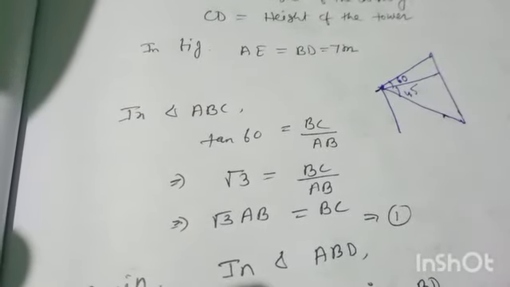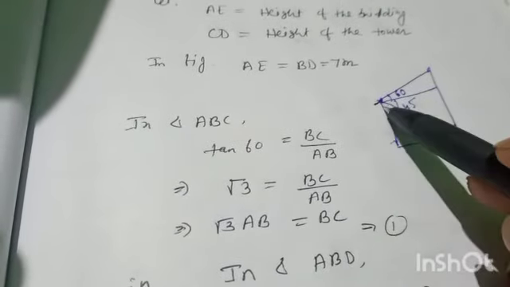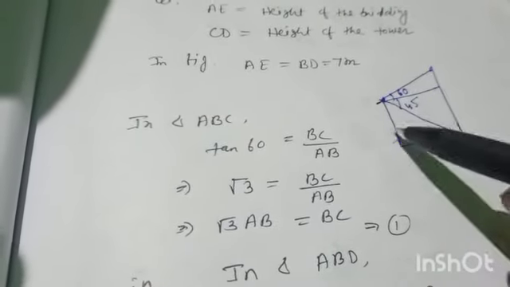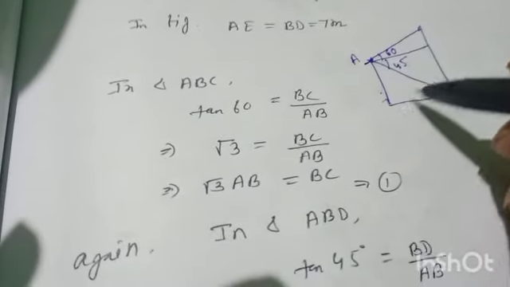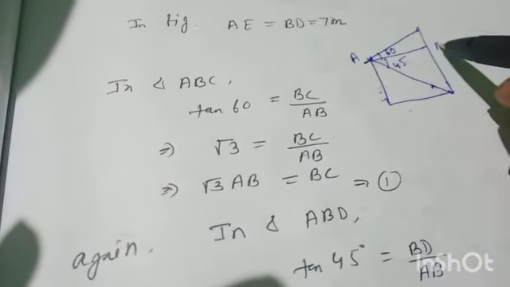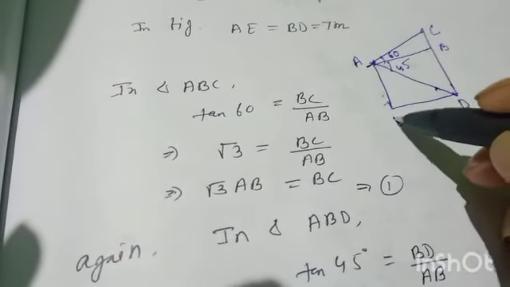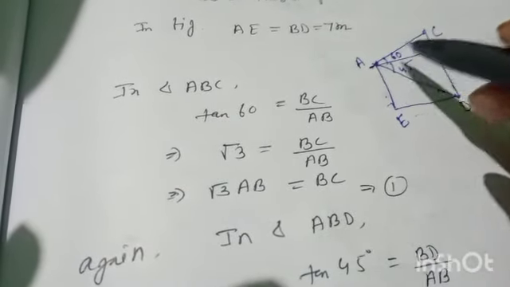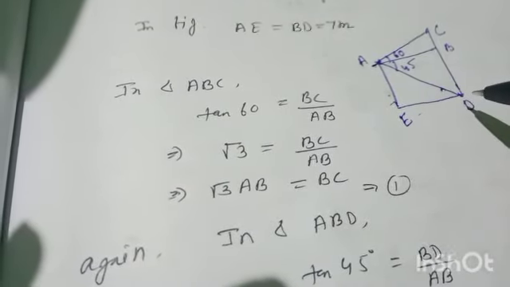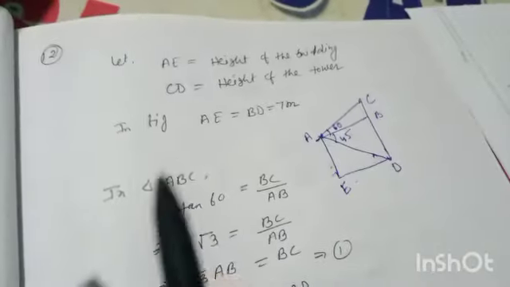So see, now close this ground level. Now you can see this is the horizontal level, this is the ground level, this is the tower, this is the building. So now denote the points by using some letters. Suppose this is A, this is B, this one is C, this one is D, this one is E. From this point is the elevation, and this one is the depression.